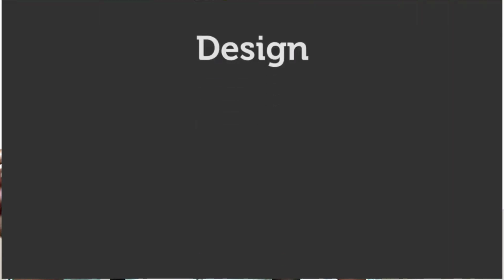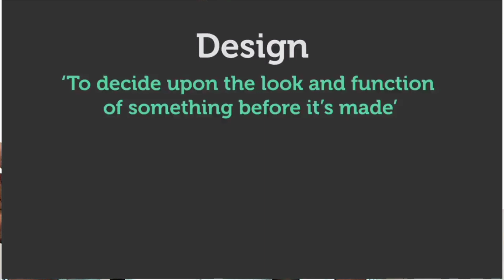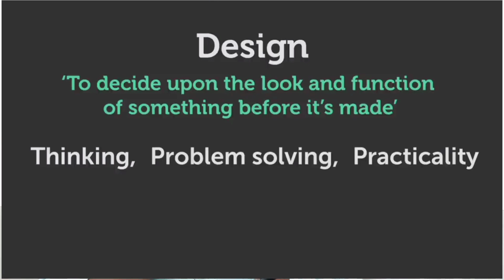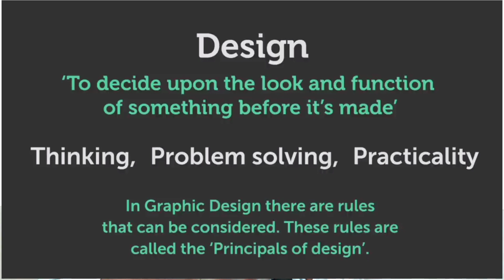Now let's proceed. On the other hand, you have design, and design simply means to decide upon the look and function of something before it is made. This simply means that a good graphic design involves thinking, problem solving, and practicality.